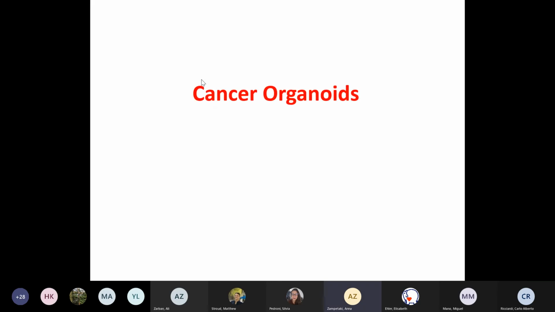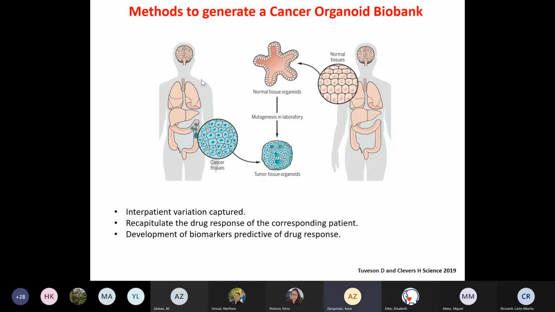I would like also to mention a few things about cancer organoids, and again, methods exist now to generate cancer organoid biobanks. As you can see here, we can have normal tissue organoids and organoids derived from tumor tissue. You can also manipulate the normal tissue organoids to generate tumor organoids.